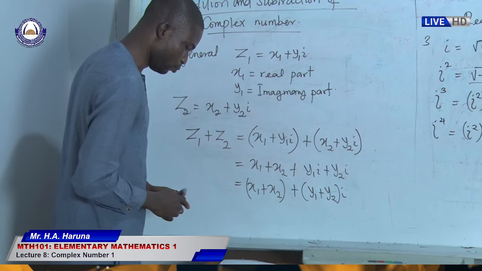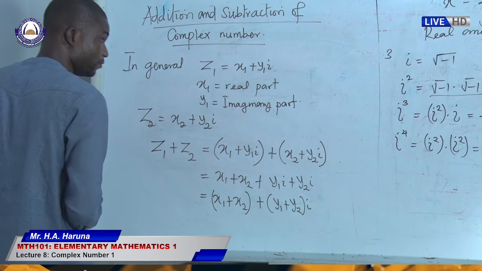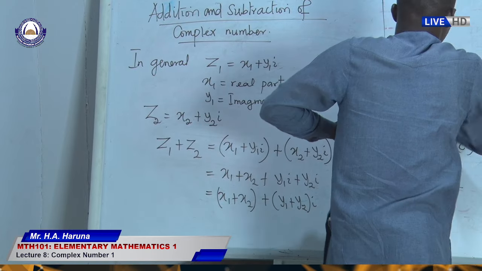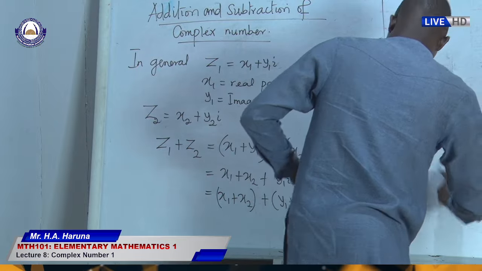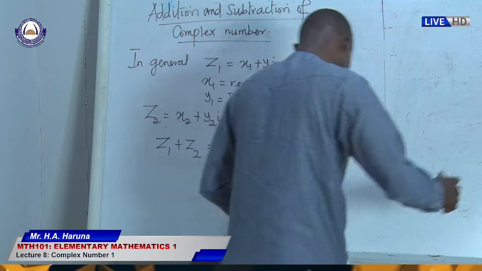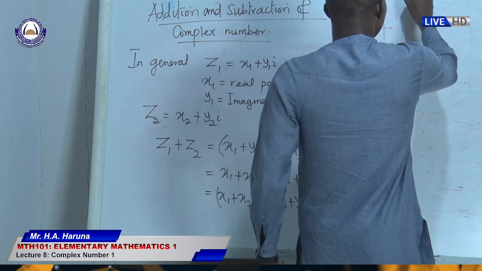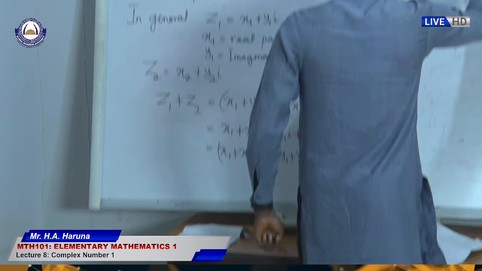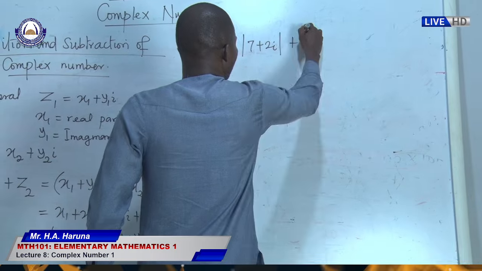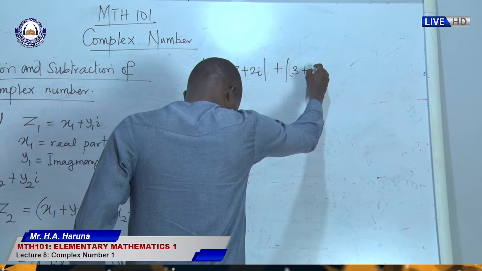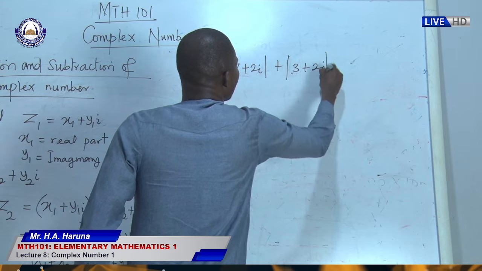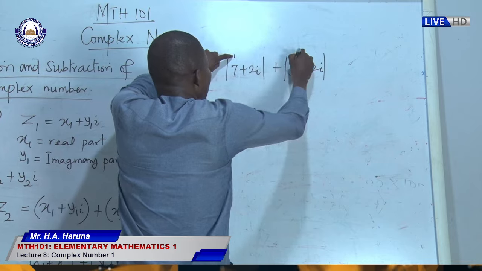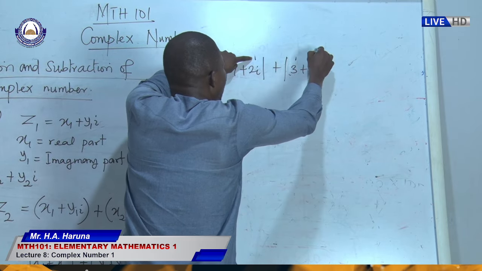So let's look at an example of what we have just done. Let's say we have example 1. We have 7 plus 2i, plus 3 plus 2i. We want to add this together. You recall that this is your real part, and this is your imaginary part.